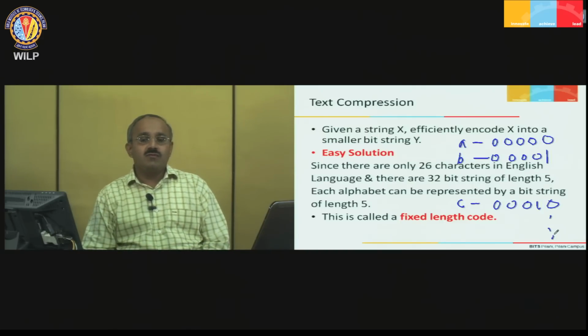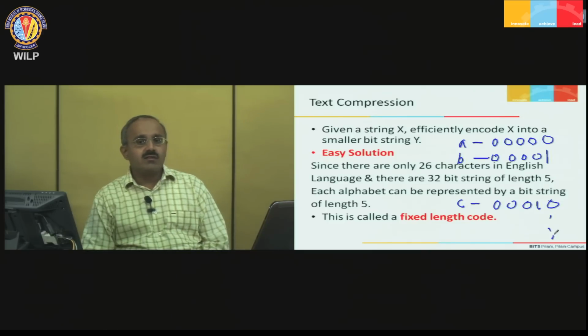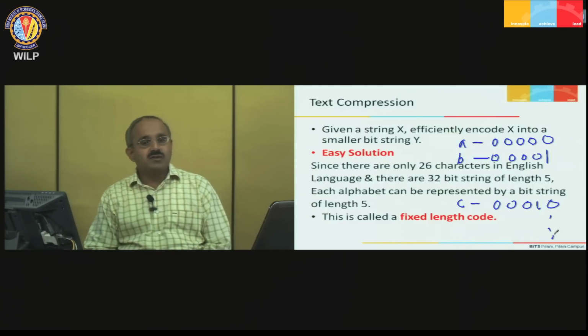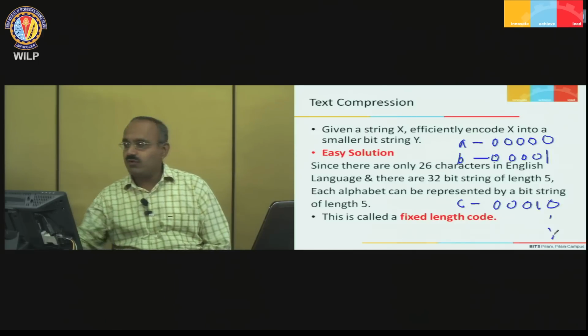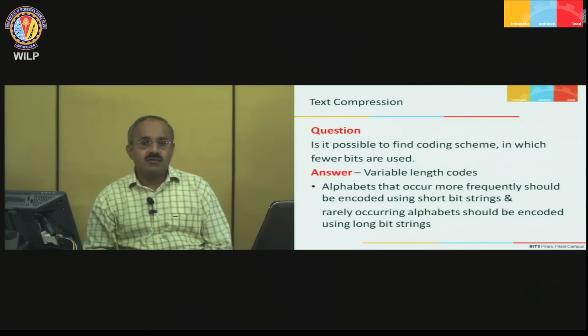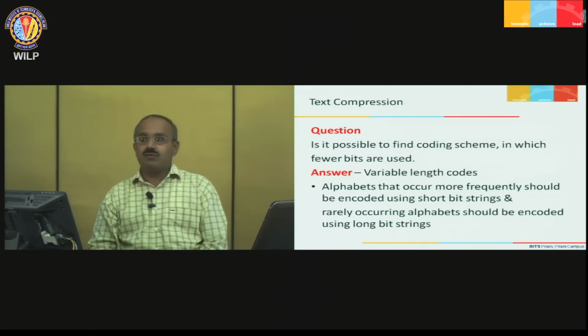So, if you have 5-bit strings, then we can encode every character of the English language. Such coding schemes are called fixed length codes. The difficult question is whether we can find a coding scheme in which fewer bits are used.